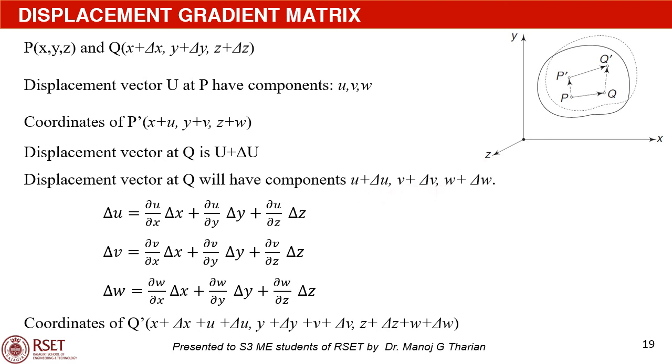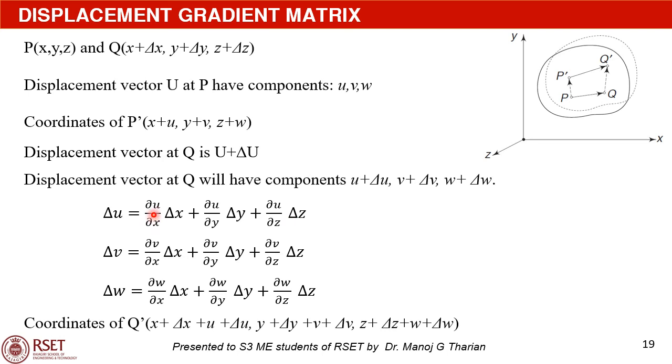If point Q is very close to point P, we can use the first order approximation, that is, delta u is equal to dou u by dou x into delta x plus dou u by dou y into delta y plus dou u by dou z into delta z.